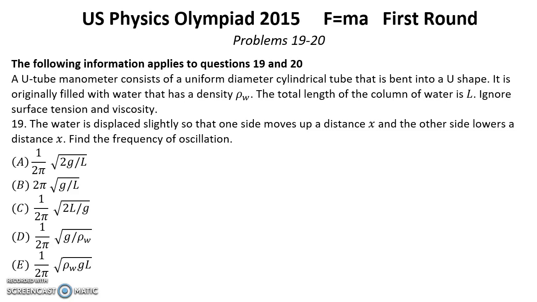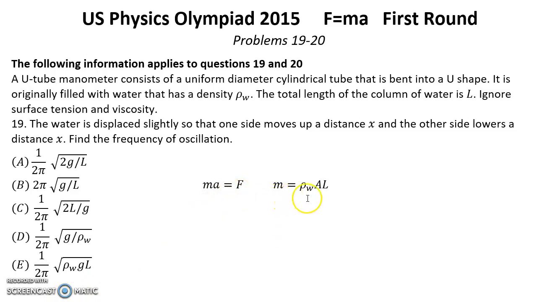Solution. Here we have to write the equation for motion of this part of water inside the tube. This is the regular Newton equation. M is the mass of this water in a U tube, and F is a restoring force.